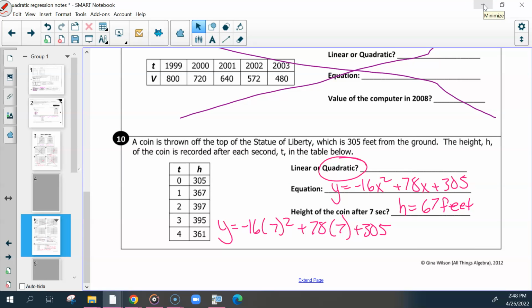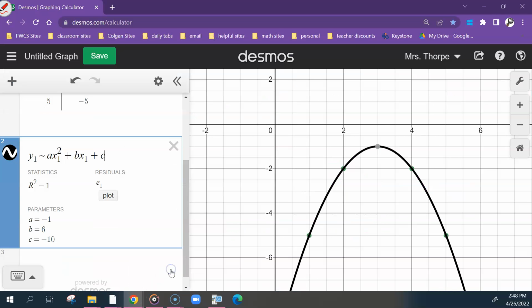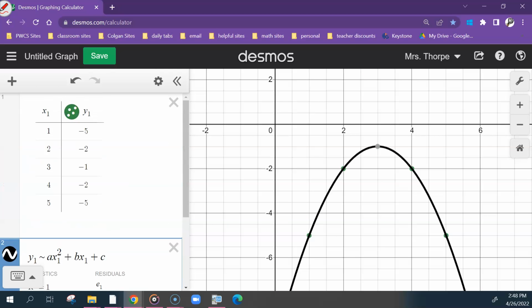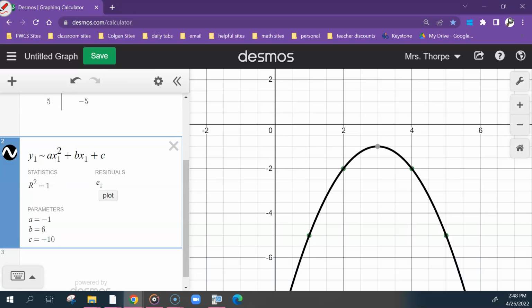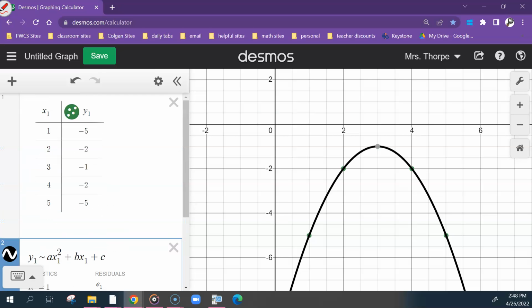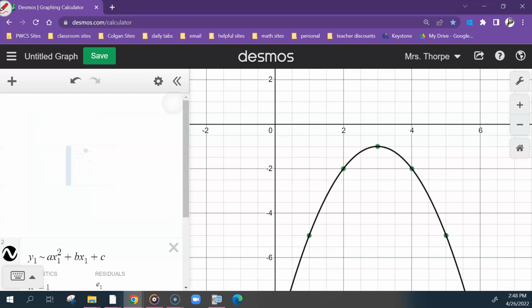Right? Now I'm going to do that same thing, but I'm going to do it in Desmos. Now, if you already have something in Desmos, you can use the same table. That way you don't have to retype this equation, and it'll just change the numbers. So I'm just going to do that. If you delete the table, I'm going to show you what happens.